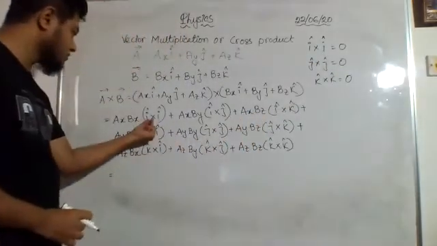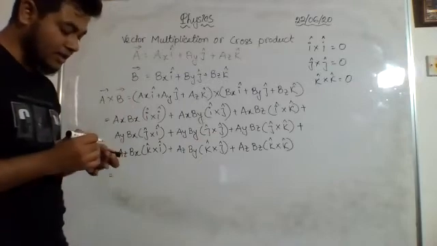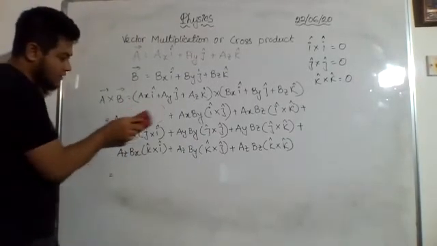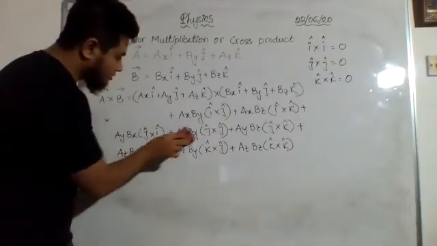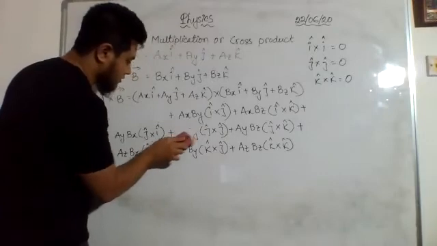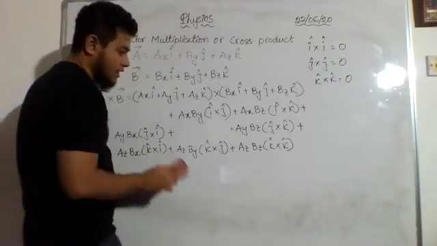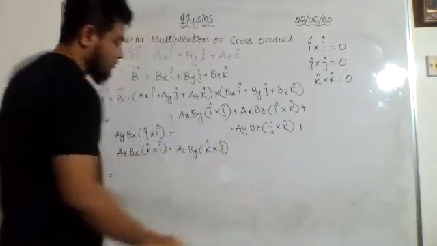So if this becomes 0, 0 multiplied with anything will become 0. So let me eliminate them first, okay? So this i cross i will be eliminated because it is becoming 0. Then j cross j, I can erase this also because this will become 0. And k cross k, okay, remove.